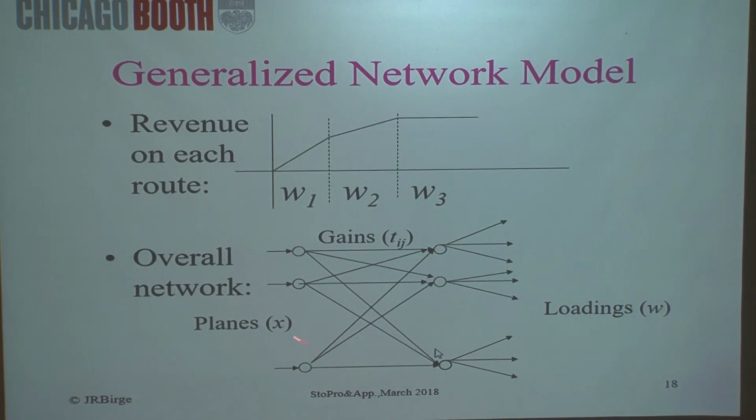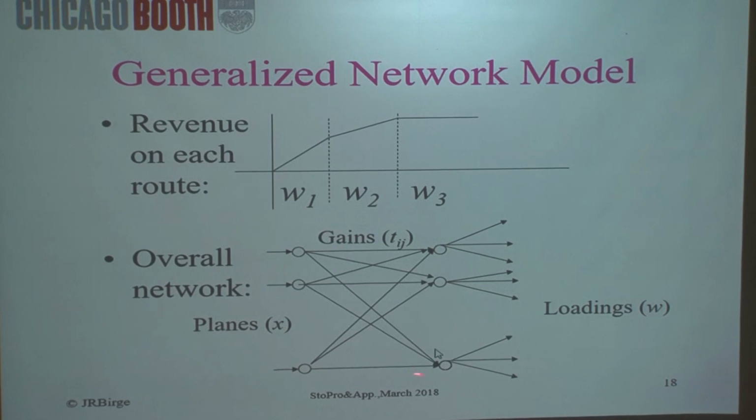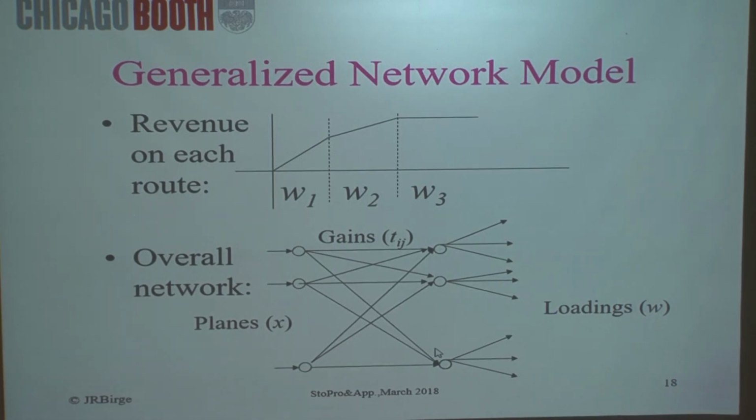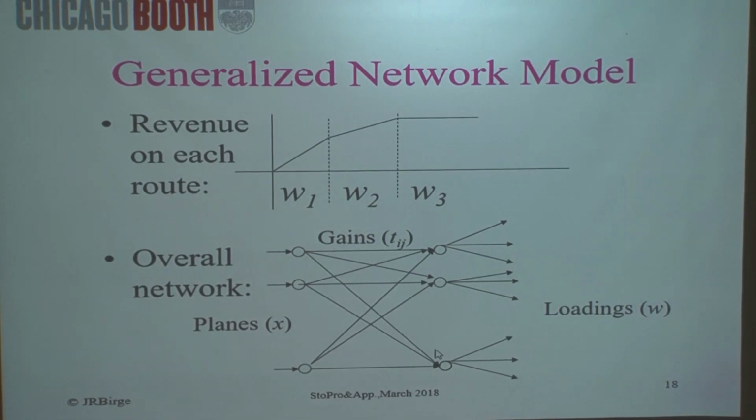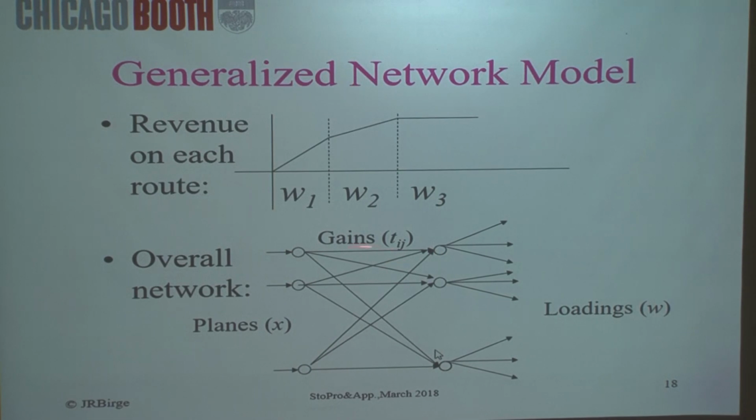So this overall looks like almost exactly a network flow problem, except I have gains on these arcs in here.